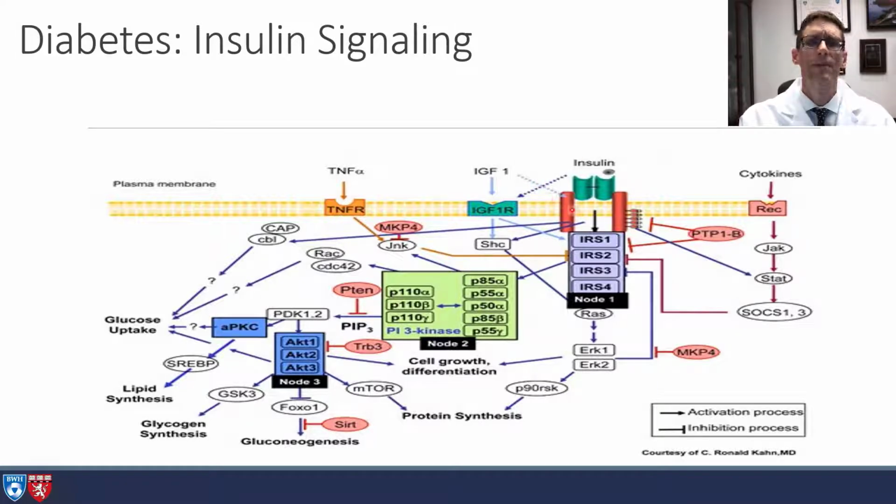Of course, one of the primary actions of insulin is to stimulate glucose uptake by causing translocation of the glucose transporter GLUT4 from intracellular storage to the plasma membrane. However, it also promotes the uptake of fatty acids and causes lipid synthesis.